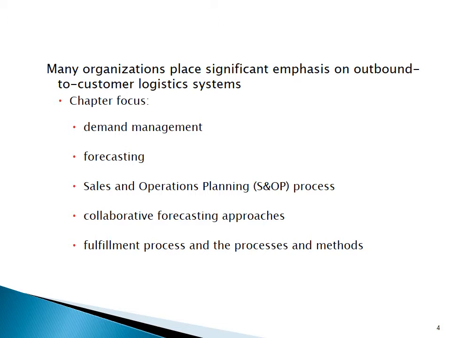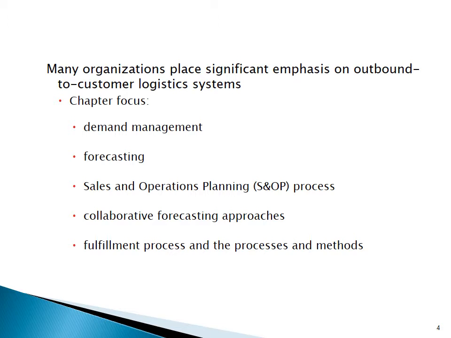Collaborative forecasting approach is a technique where different players in the supply chain, like the vendors, the supply chain managers, the transportation agents or the carriers, the trucking companies, are all brought together for a collaborative approach in forecasting.